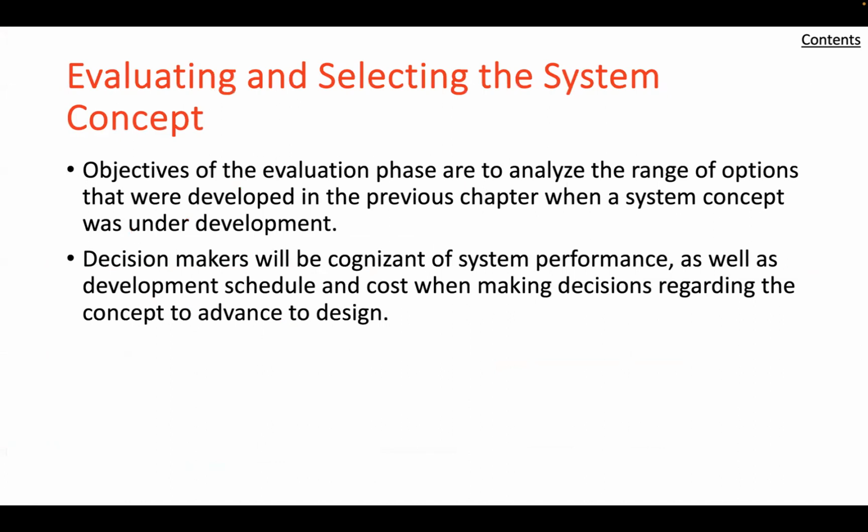We begin by talking about the evaluation and selecting the system concept. The physical implementation of the alternative functional approaches involves the examination of different technological approaches, generally offering a more diverse source of alternatives.